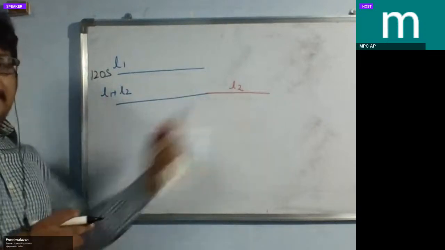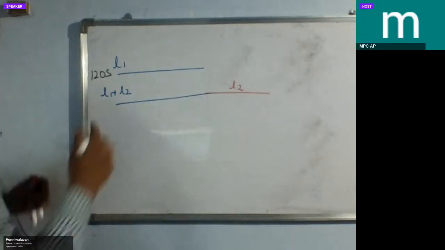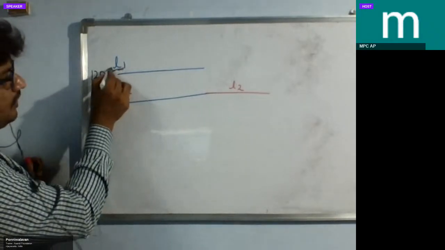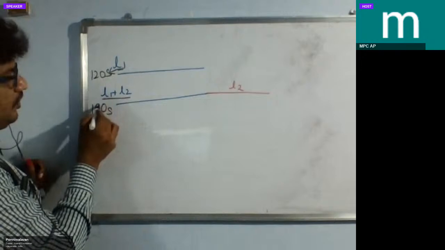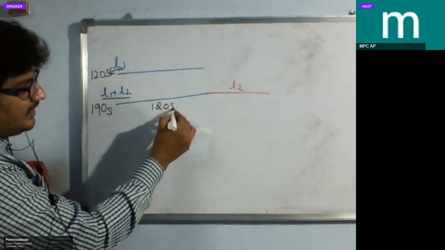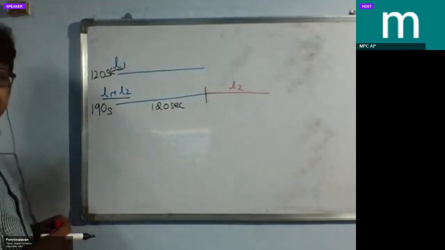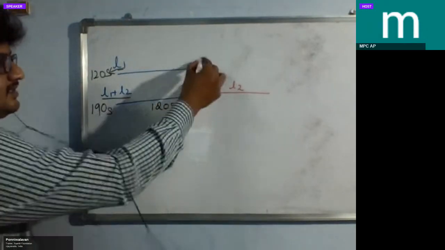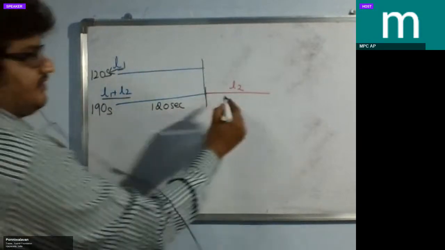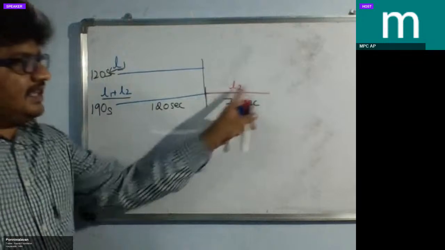To cross the platform, what is the time taken by the train? 190 seconds. So for L1 it is 120 seconds, and in 190 seconds the train takes 120 seconds to cross L1 itself. So what is the time taken to cross L2? 120 goes here. What is the extra time? 70 seconds. Okay. What is this length? L2, what is this length?